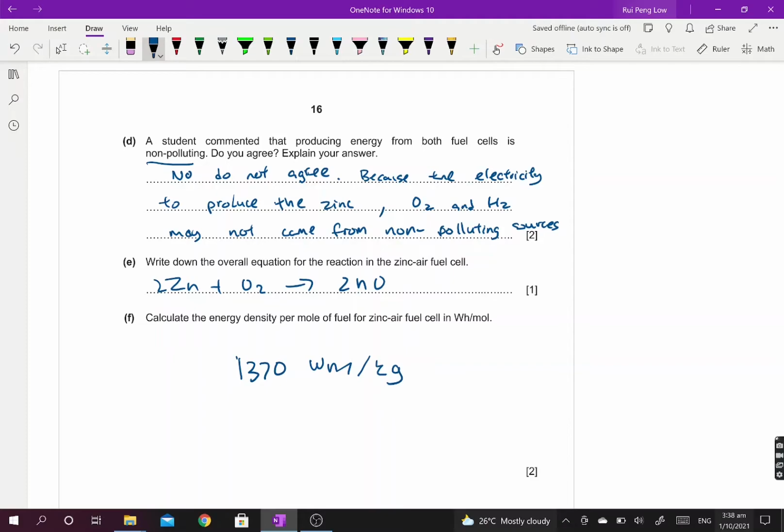Which means that this thing must convert into something per mole. So you have kg. How can kg convert into mole? Pretty much this is mass to mole. How do we change mass to mole? It's quite easy.